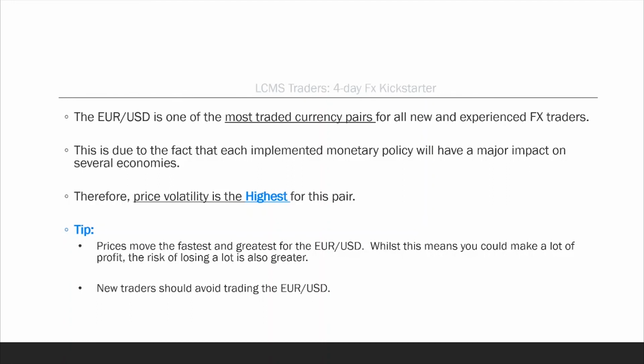So my best recommendation to new traders is to trade something a little bit less volatile or something that trends a little bit better rather than the euro US dollar, as it has high volatility and it probably sits quite quietly before spiking up or down within very short periods of time. Okay, so that's the euro US dollar.